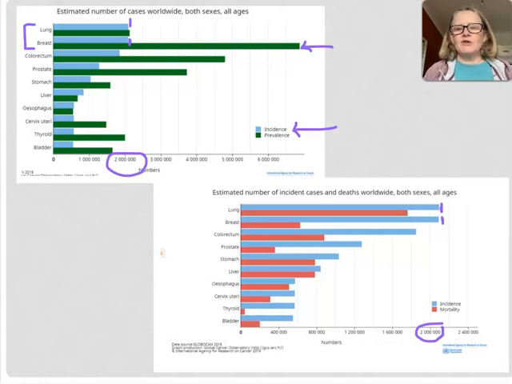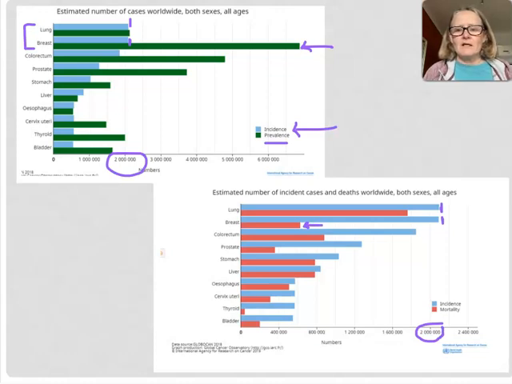What does the green line show? The green line is showing prevalence. That's the number of people in the population that have that disease and are still alive. Why would the green line be so much bigger for breast cancer? Well, when we come down and have a look at this graph here, you'll notice there's a difference in the red lines.